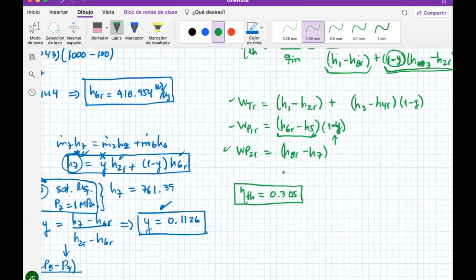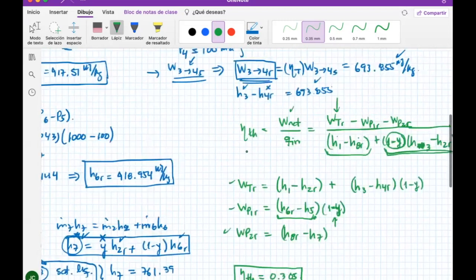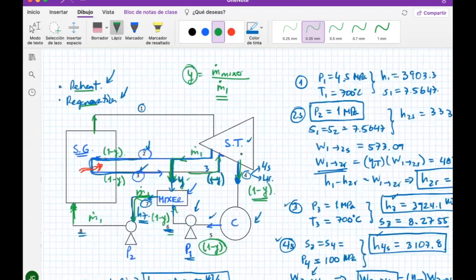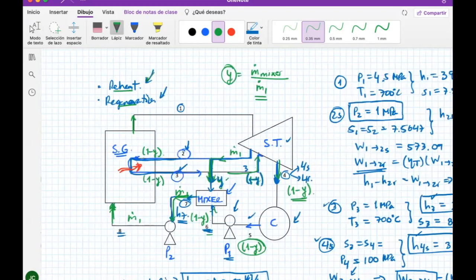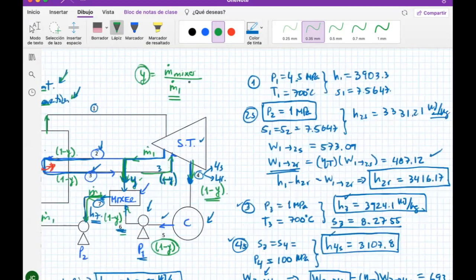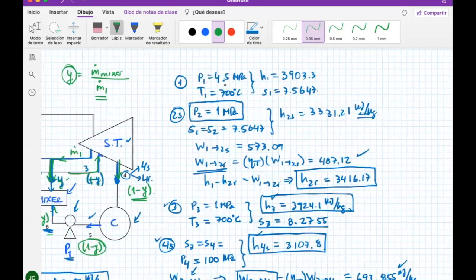We already established that. I think the only shaky part in this problem is not the reheat part. That's perfectly valid. Not the regeneration part. Perfectly valid. The only thing that could be a little bit shaky if I was your professor is this one here, this 700 degrees Celsius. I know you did that because you want to get to the 30% efficiency of the cycle. So that's why you're doing this 700.